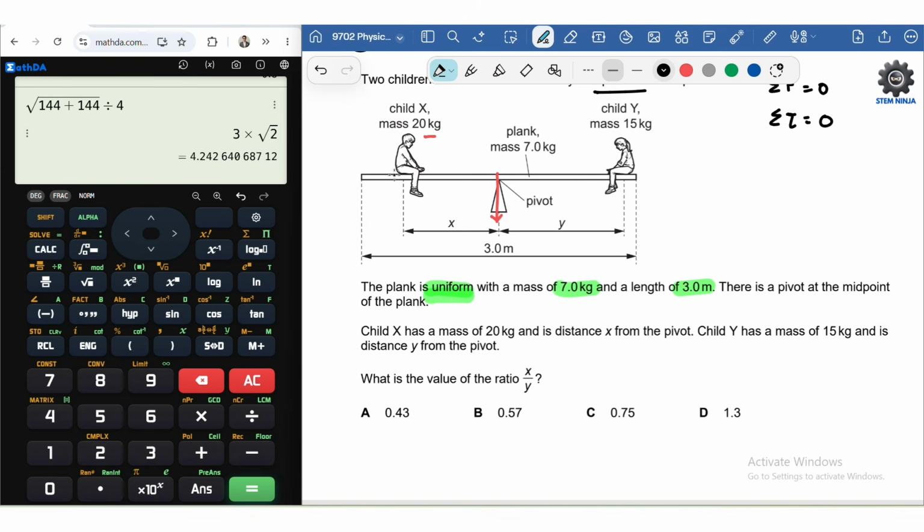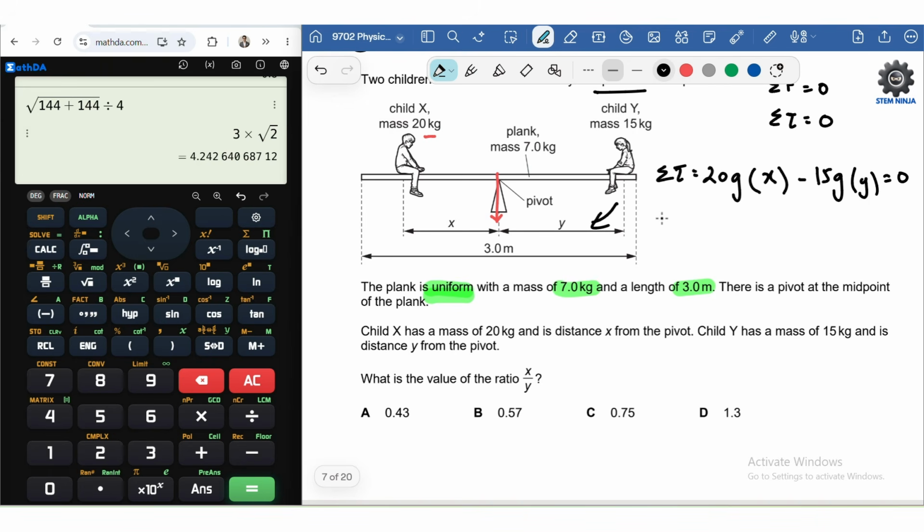Okay, alright. So notice that the weight, you have the sum of torque or sum of moments. Let's find out anti-clockwise minus clockwise. So this is your anti-clockwise, this is your clockwise. Anti-clockwise is 20g times x, I'll write it in brackets, minus 15gy, equal to 0.